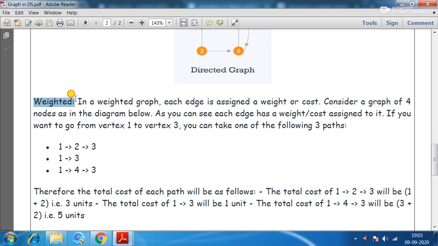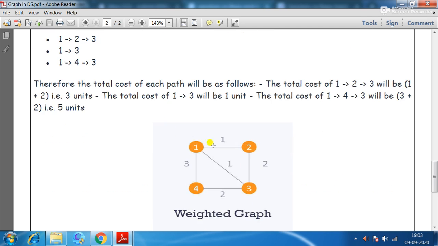Now the weighted graph. In a weighted graph, each edge is assigned a weight or a cost. For example, consider a graph of 4 nodes as shown in the diagram. For the edge 1 2 the value assigned is 1, that is weight 1.